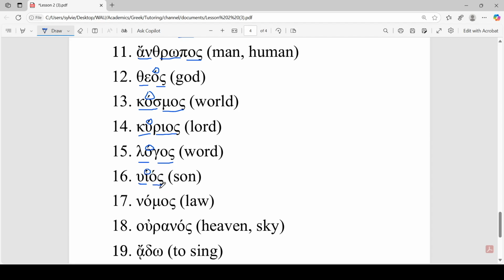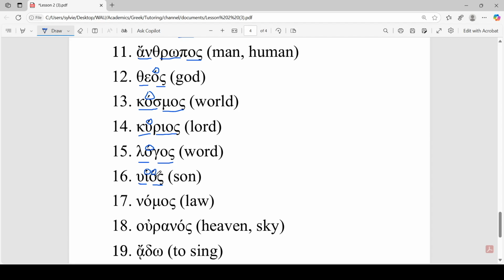So what would be the pronunciation? Let's pay attention to this acute accent here. Let's mark it. We have an acute accent over the omicron, and we have a rough breathing mark over the diphthong.